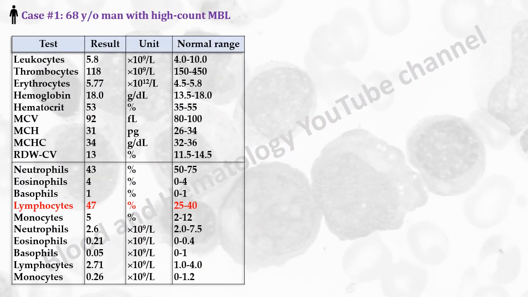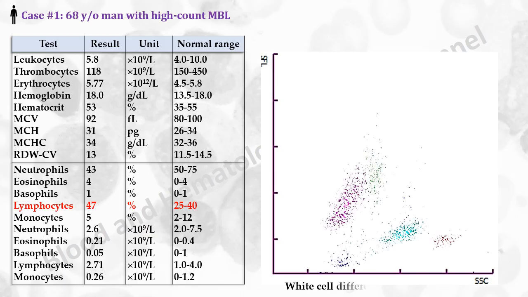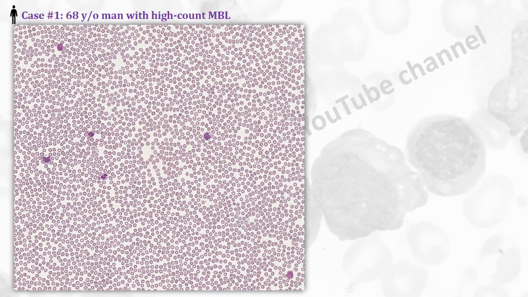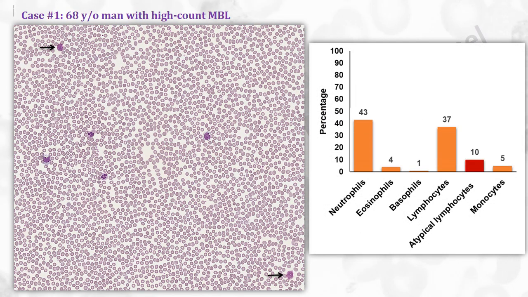The first MBL patient for presentation is a 68-year-old man with relative lymphocytosis. In peripheral blood smear examination, few smudge cells and 10% atypical lymphocytes were observed.